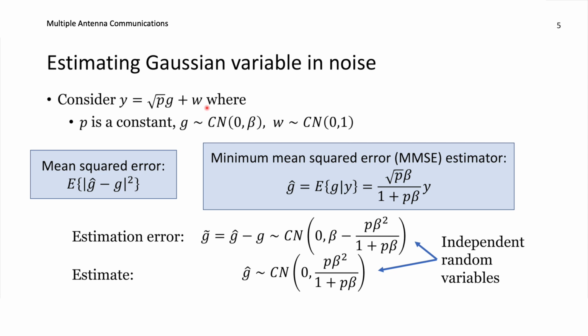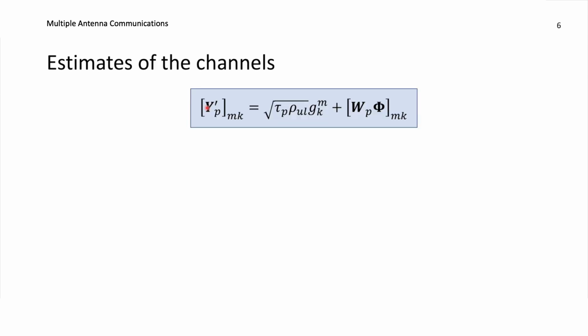And we had something like this in our channel estimation problem, namely the following. If we look at the element mk, so mth row, kth column in yp prime, what we will get is a constant, and then we have one complex Gaussian distributed channel coefficient between antenna m at the base station and user k.